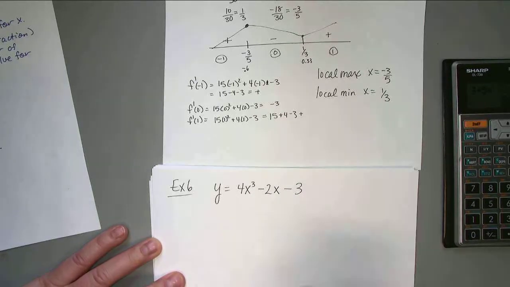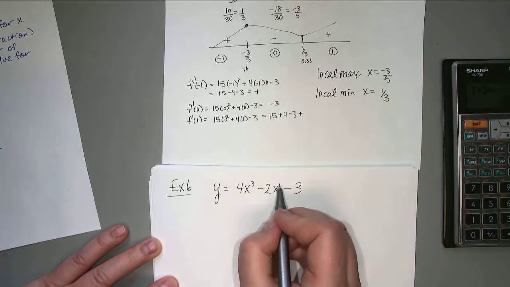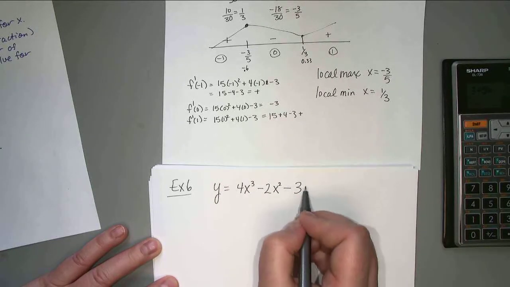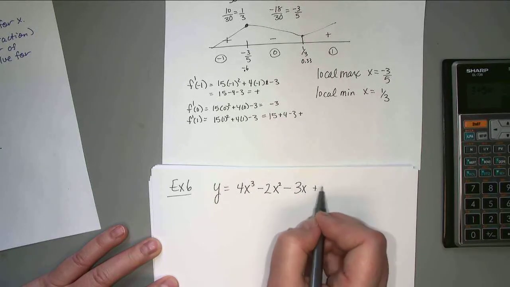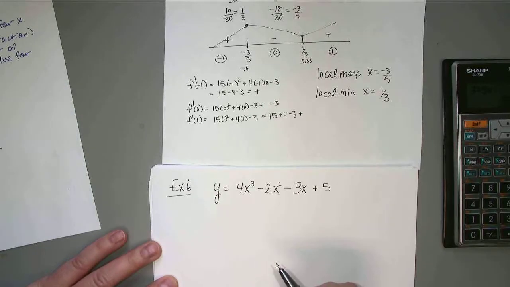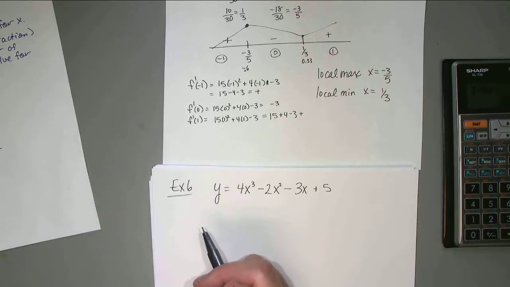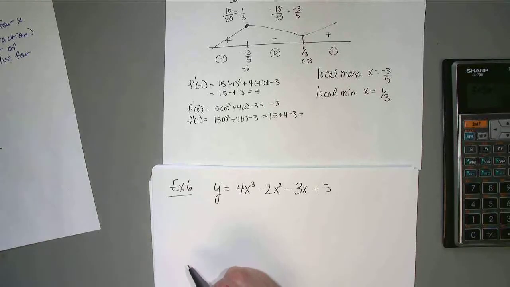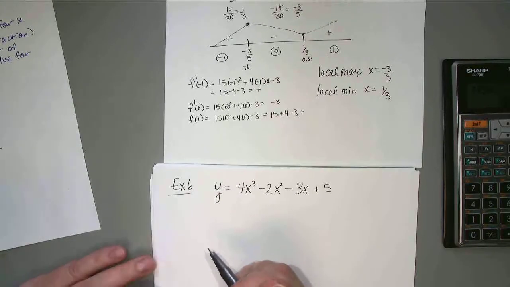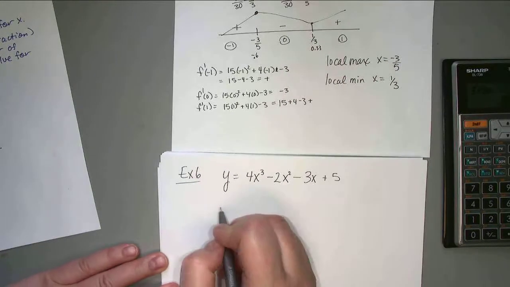Let's try that. Okay, we'll see what happens. It doesn't matter what happens if it doesn't do what I wanted it to do. It's going to do something anyway, so we'll find an answer regardless.